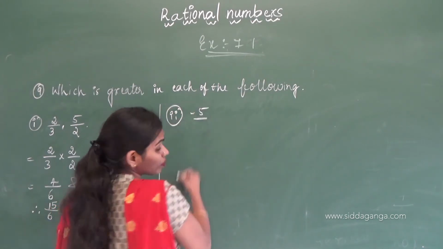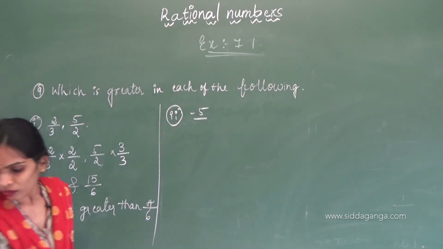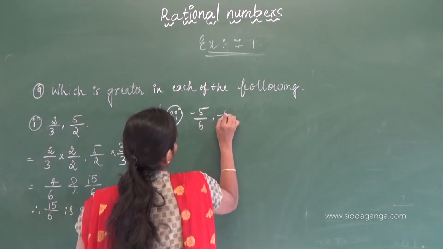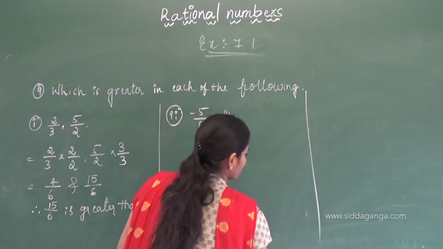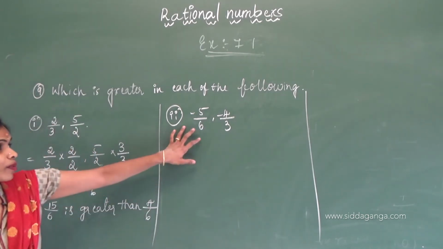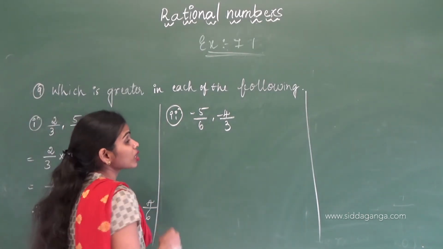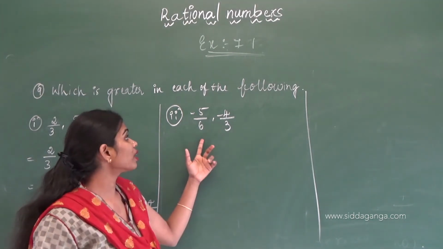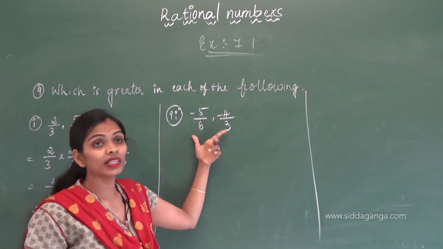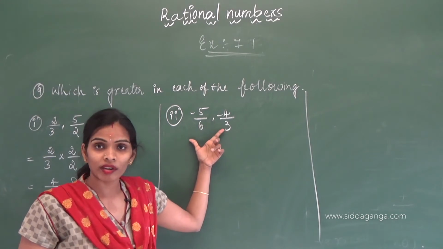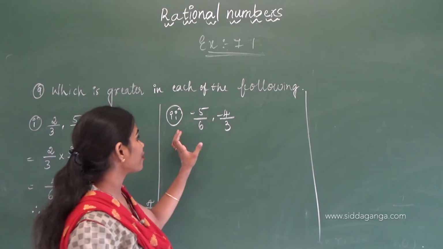Minus 5 by 6, minus 4 by 3. Okay children, here if you observe this one, these two are not equivalent fractions, we have to make them equivalent fractions.